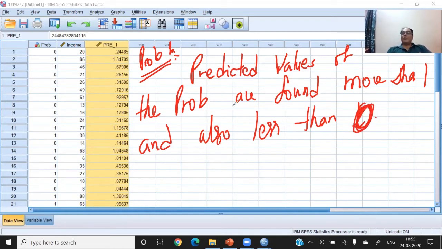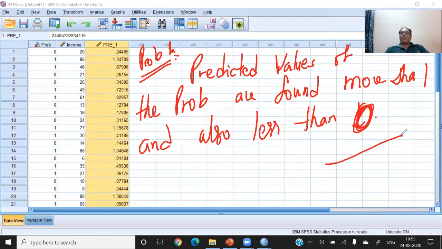Probability cannot be more than 1. Probability cannot be less than 0. So many people criticize this model. They say that this model is giving us the wrong prediction. We should not use this model. And the basic problem with this model is this.